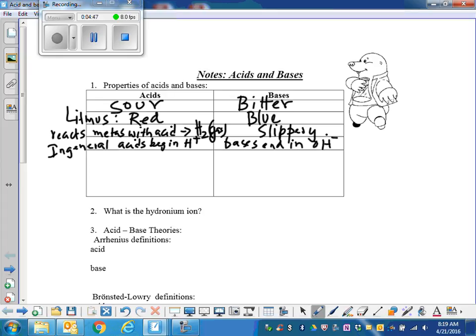Orange juice contains what acid? Well, the primary acid is citric acid, but it also contains ascorbic acid. What is the general name for ascorbic acid? Vitamin C. What other acids do we use in our everyday life?